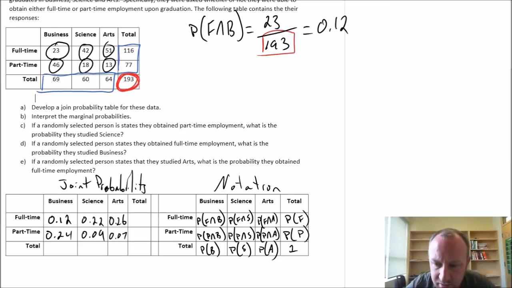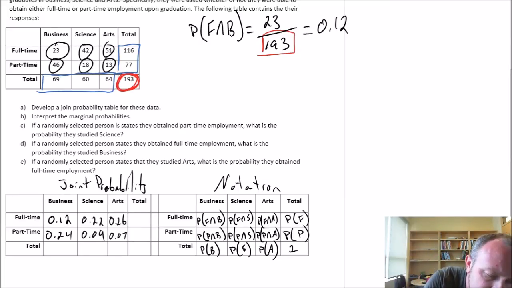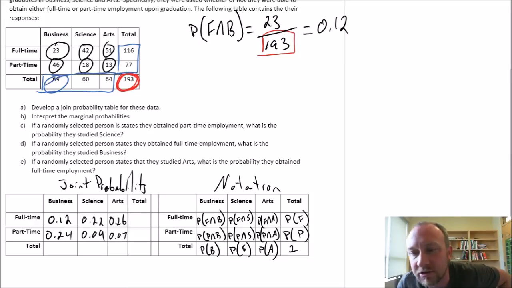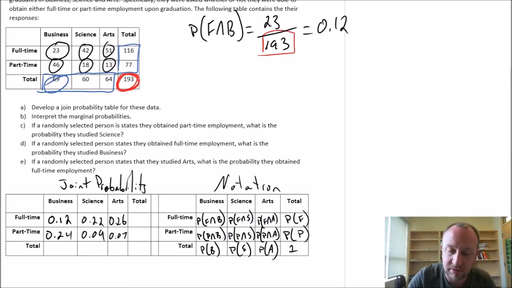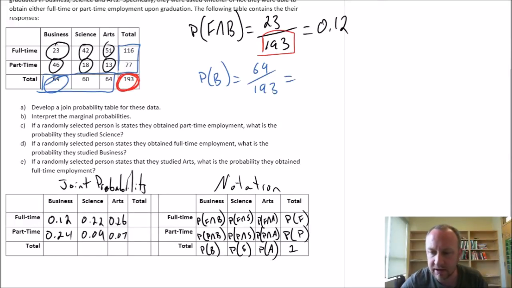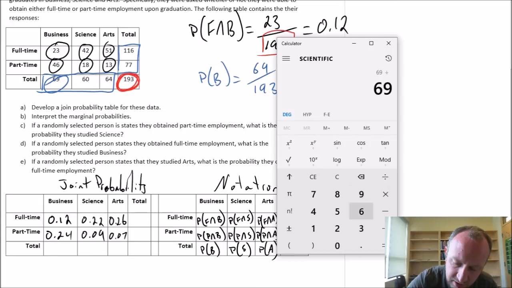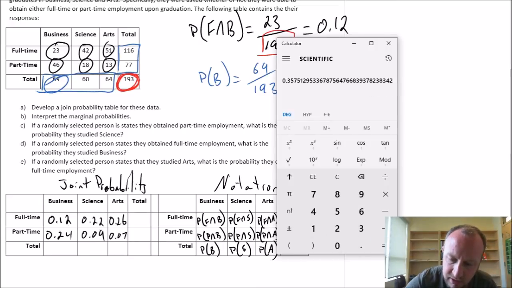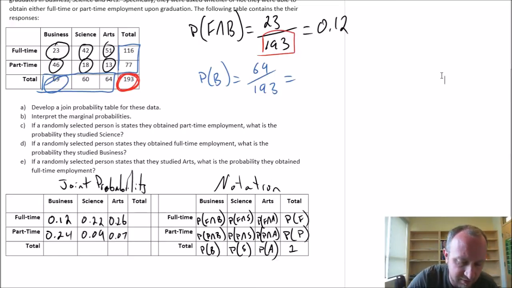So if I'm looking at the probability that a randomly drawn student will be a business student, this is probability of business. This is going to be 69 over 193, and 69 divided by 193 is 0.36.